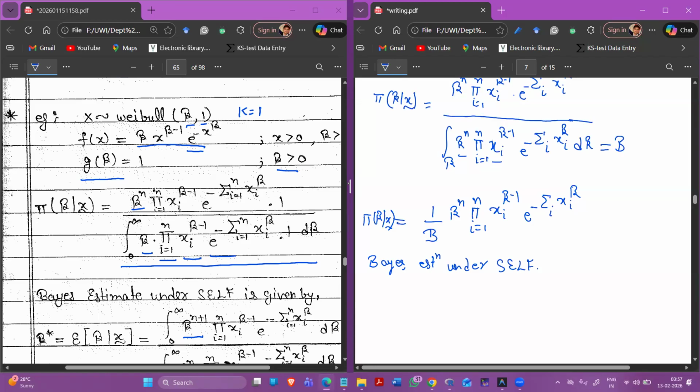The posterior mean, right? That is the expected value of beta given x.